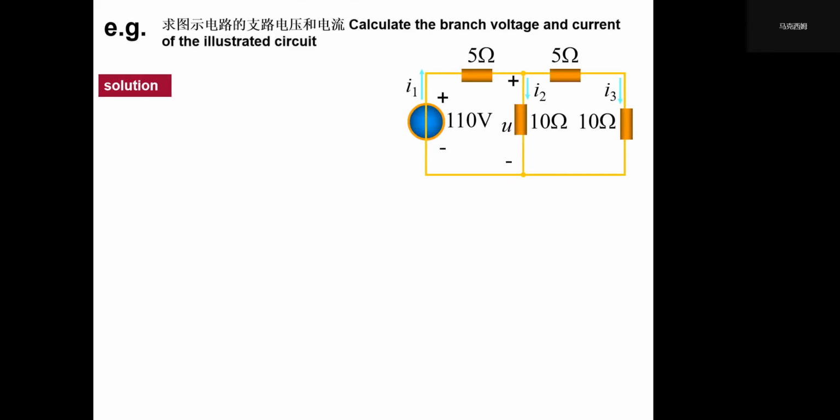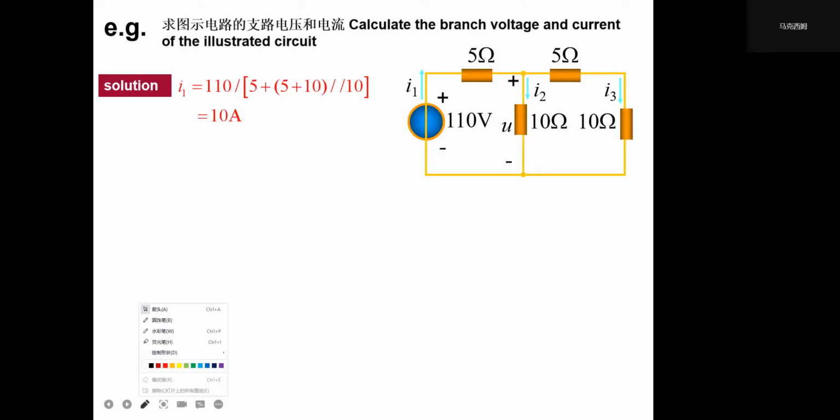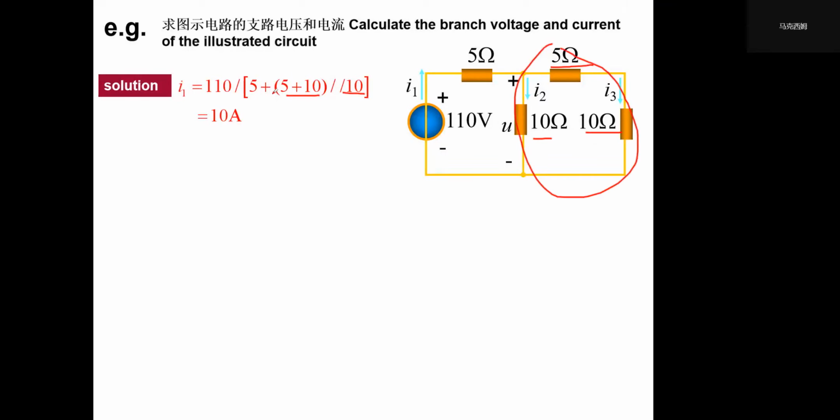But today we're gonna try another new way, right? I1 equals the voltage over the total resistance, and we know that the 5 ohm and 10 ohm are in series connection, and they are parallel to the 10, and those three are in series connection with this 5.